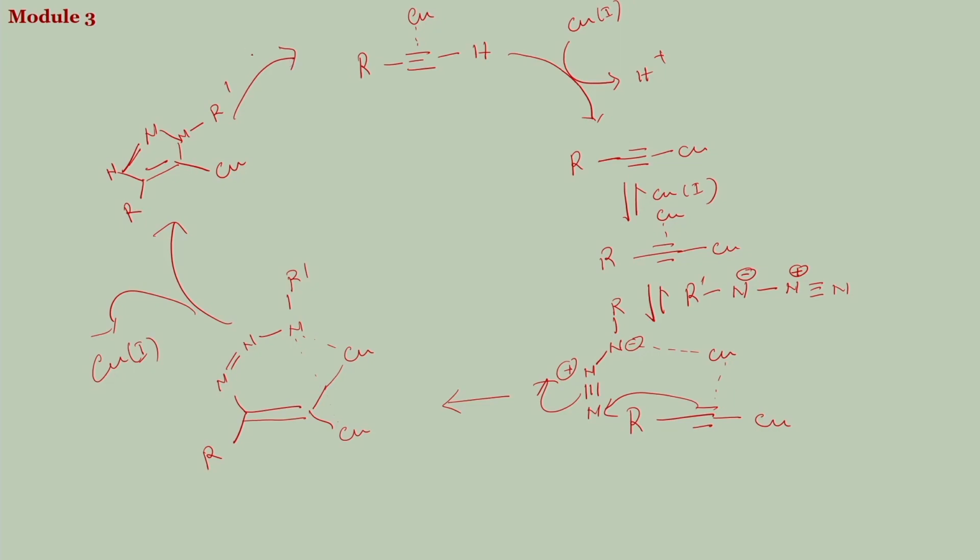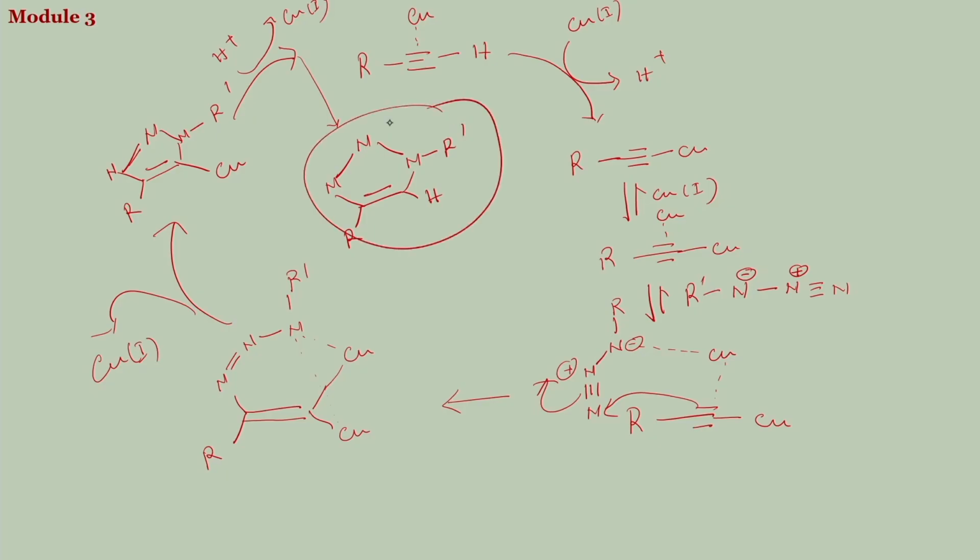So, this is what will happen: the H plus that you released here will come and copper 1 would be released, just the reverse of this, and that will give you here the H, the central compound, and this copper is eliminated, which can come back to this cycle.